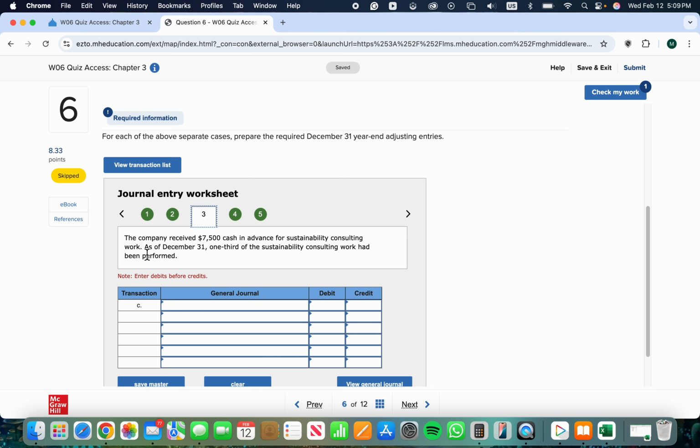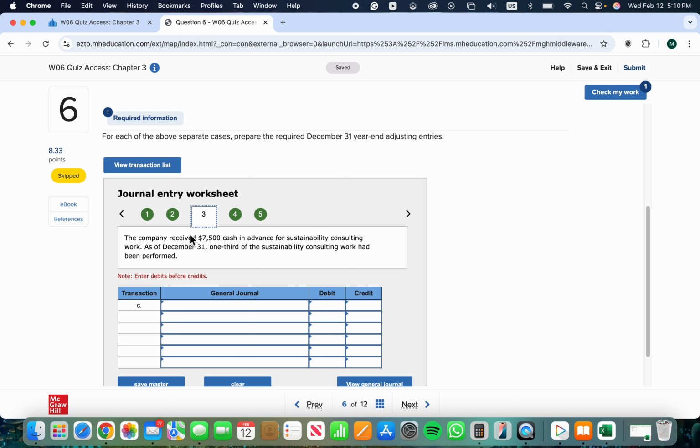Okay, so for the third entry, the company received $7,500 in cash in advance for sustainability consulting work. As of December 31st, 1/3 of the sustainability consulting work had been performed. And luckily, this is easy, and 25 is like a quarter, so we know it's going to be 25.